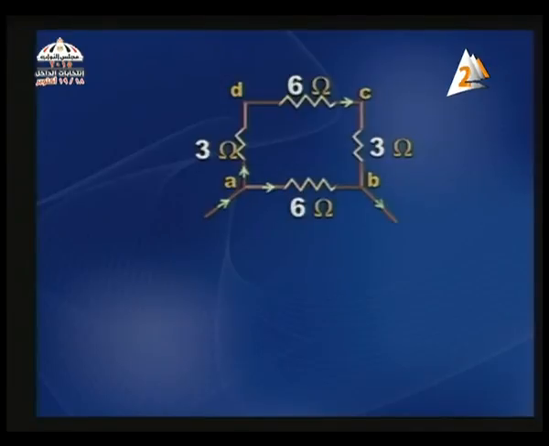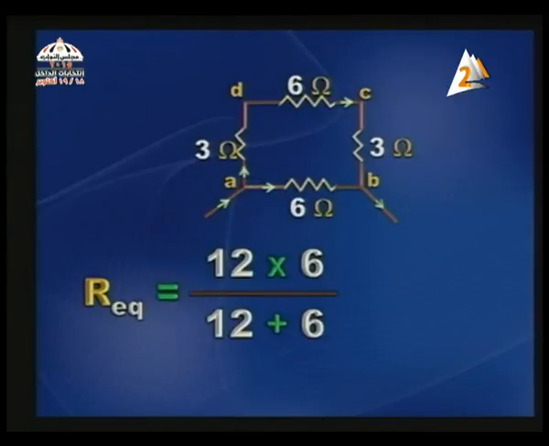Okay, what if the battery is connected across AB? When connecting the battery across AB, 3, 6 and 3 will form just one resistor of 12. And this 12 ohm branch is connected in parallel to the 6 ohm branch. They are connected in parallel, product over the sum, 12 times 6 over 12 plus 6.